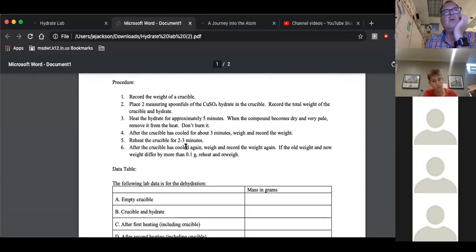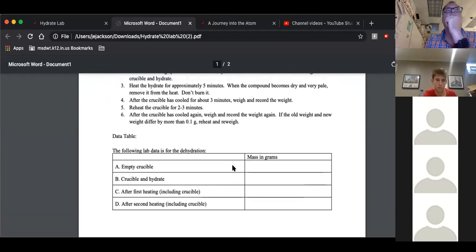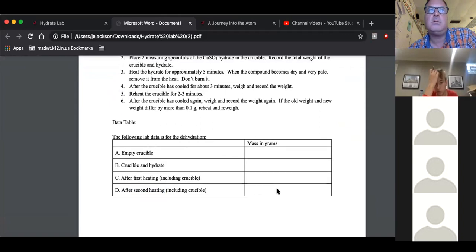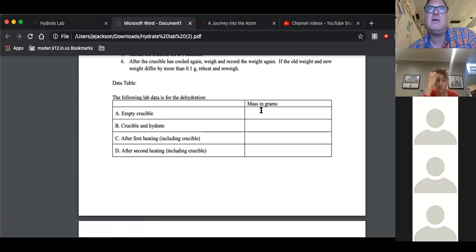Here's the procedure that you're going to see me do. I may not reweigh it if I feel like I'm good. If I don't reweigh it, then don't worry about it. You don't need that mass in grams after the second heating. So it's the empty crucible and the hydrate after the first heating. That's the basic data table.